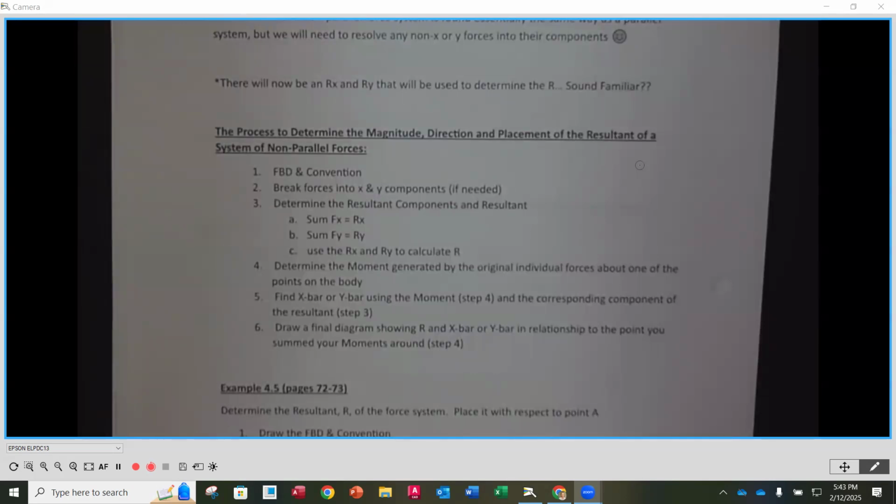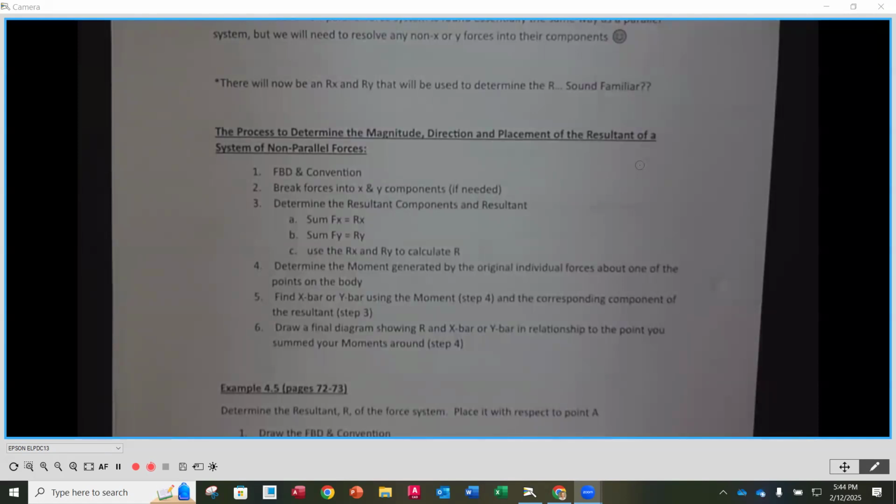Then we're going to determine the moment generated by those original individual forces about a point on the body. So this again is another step that we did previously when we found resultants of parallel force systems. And then we're going to find the X bar or the Y bar. Now that's going to be the distance from our point that we're summing around to where the resultant is located.